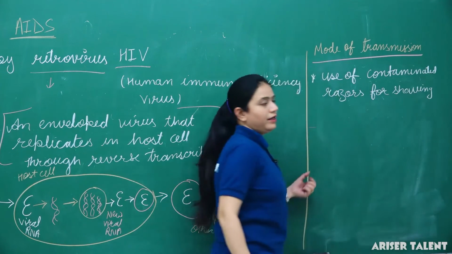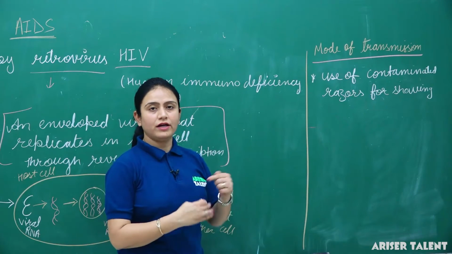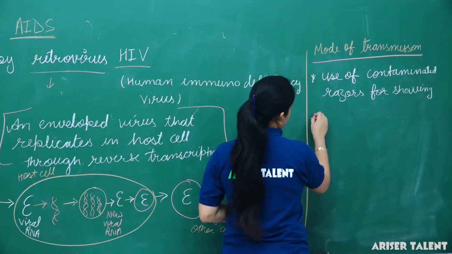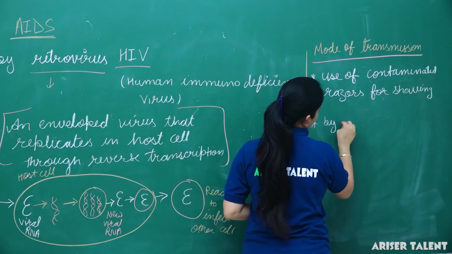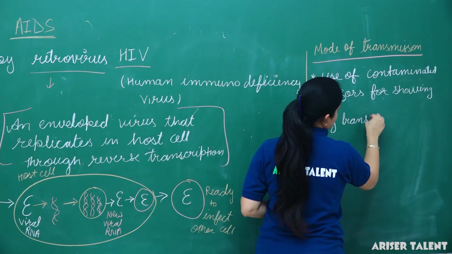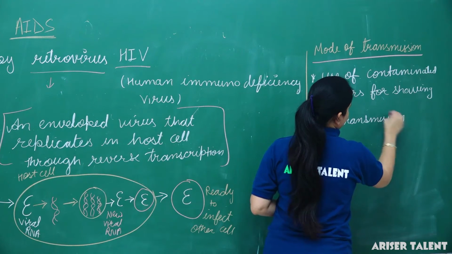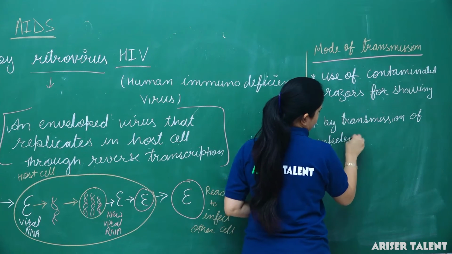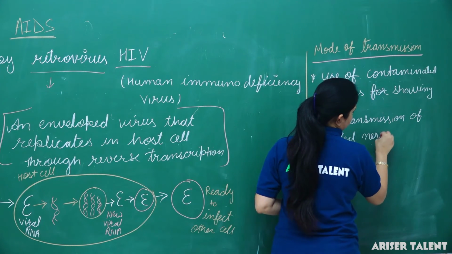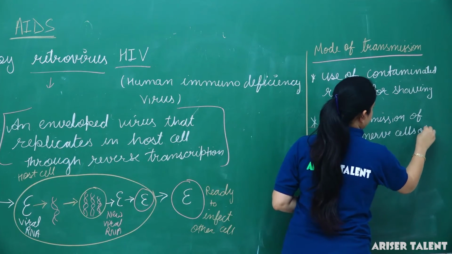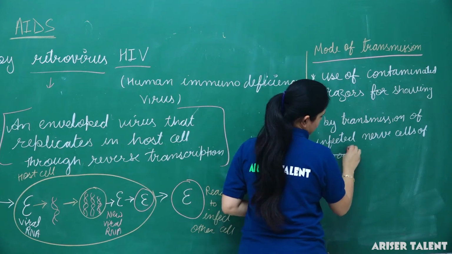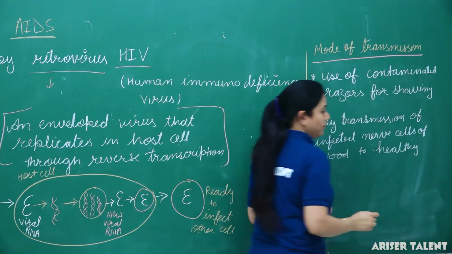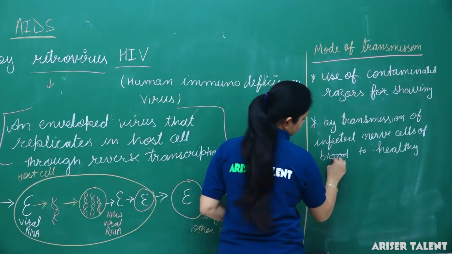It can be transmitted by transmission of infected nerve cells of blood to a healthy person. It may be by sexual contact also.